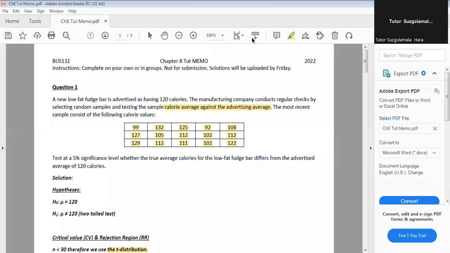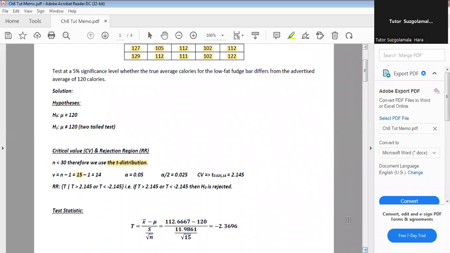So as you can see there, your alpha here is 0.05.